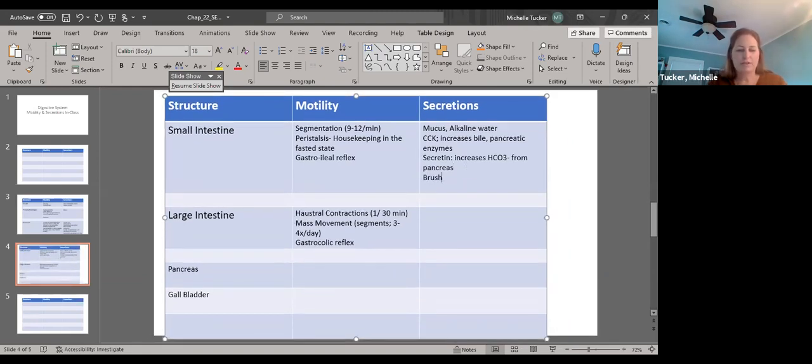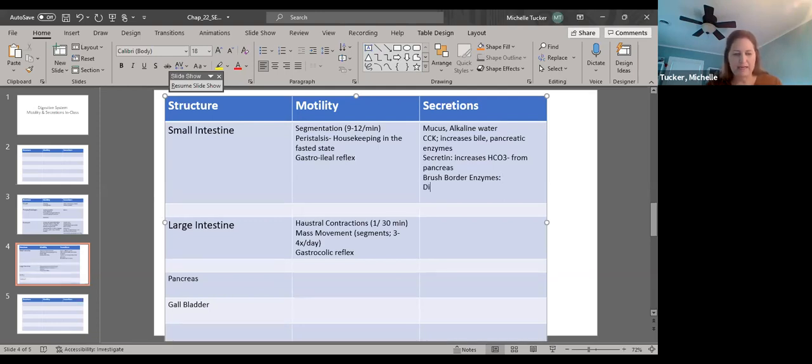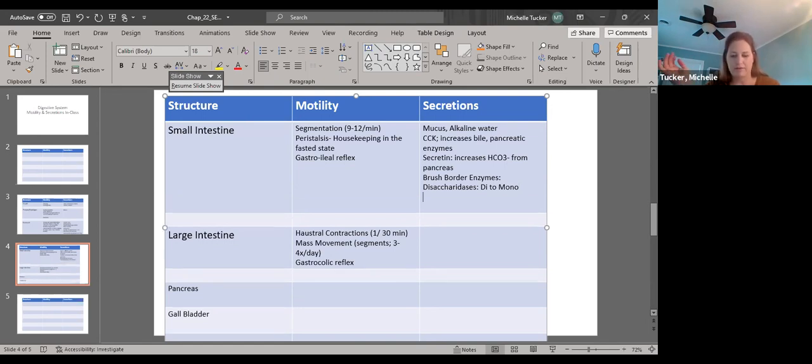So then there are brush border enzymes. These are on the microvilli, and they are the last stage for breaking things down. We'll have disaccharidases, which are going to break down disaccharides to monosaccharides. Again, we'll go over the brush border enzymes a lot more in our next lecture, but this way you have them all in the same place, as well as aminopeptidases.